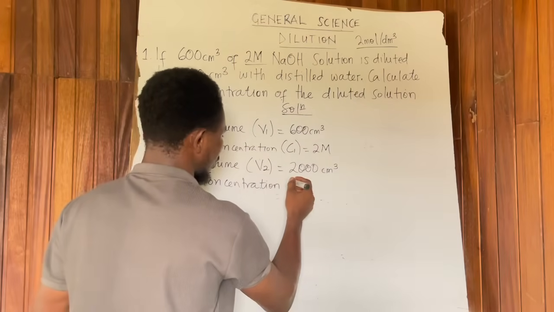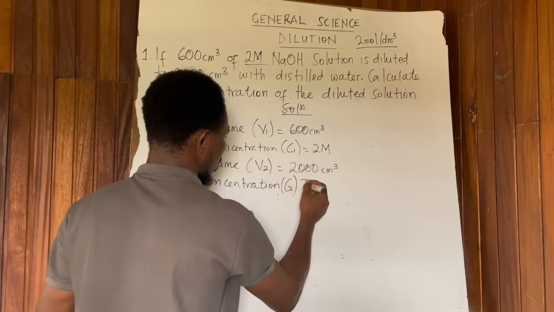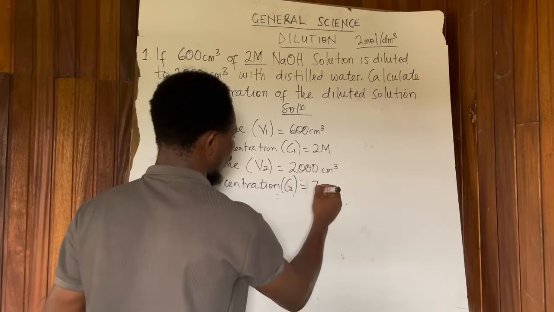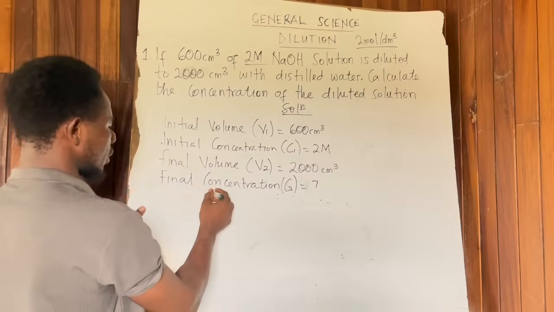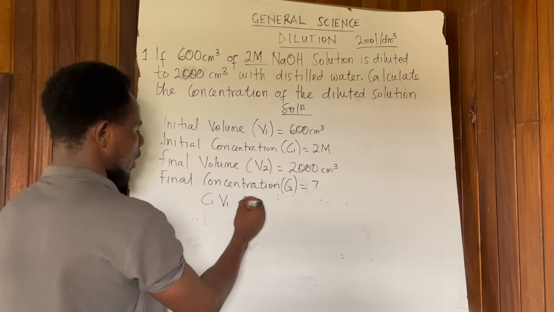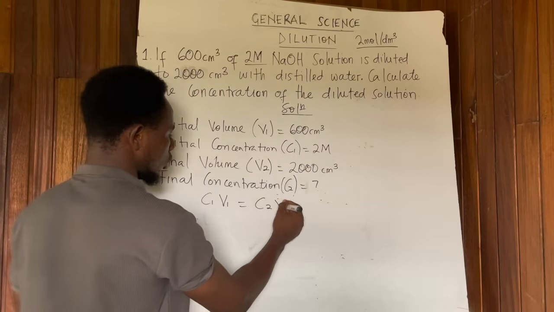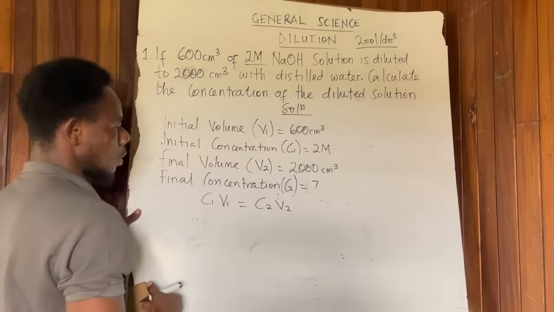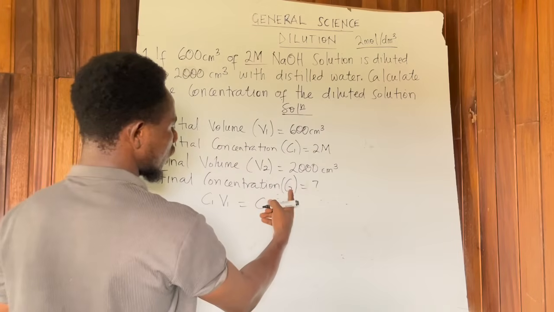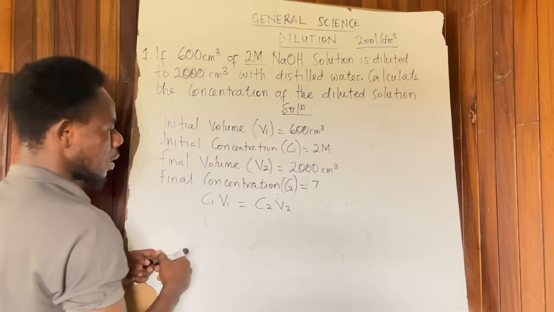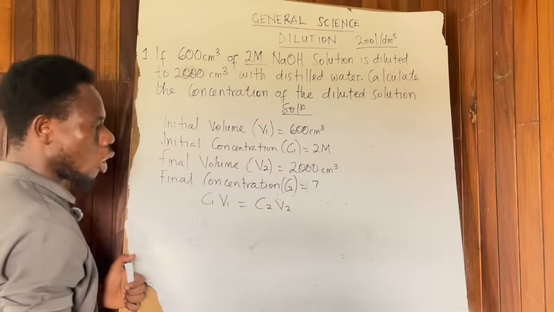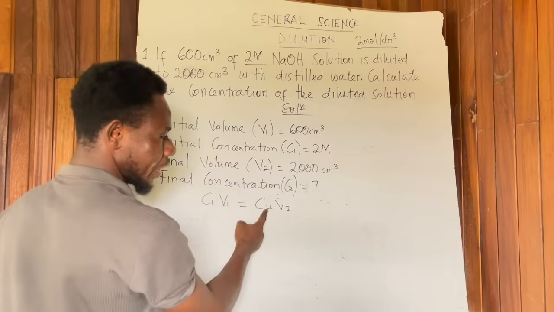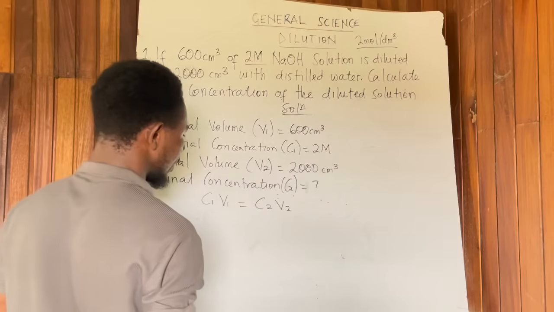Our final concentration is C2 here, and we don't know C2. Now we know that our C1 V1 is equals to C2 V2. The question is we should find C2, this one.